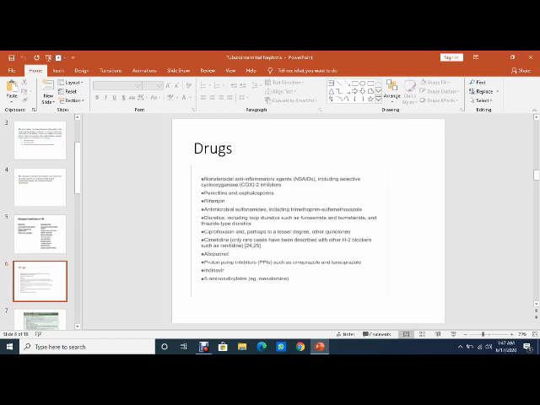If you compare the cimetidine and ranitidine, with cimetidine only rare cases have been described, with the ranitidine. Xanthine oxidase inhibitor drug allopurinol, which is used in the hyperuricemia, it also can cause the TIN.